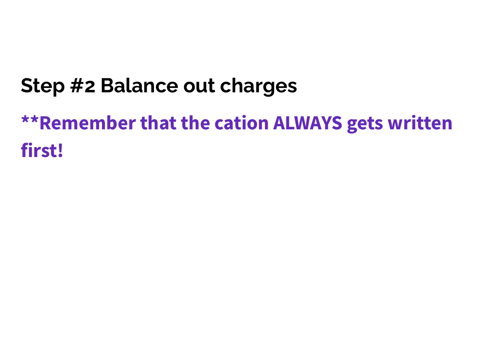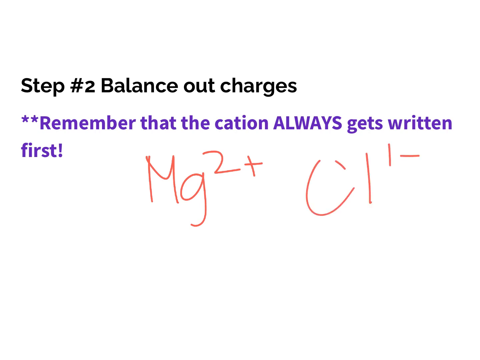Next, we have to balance out our charges. So we've got our magnesium 2 plus and our chlorine 1 minus, or chlorine minus is fine. We have to balance these out. What that means is we need to either add or subtract our anion to make sure that our charges cancel out.